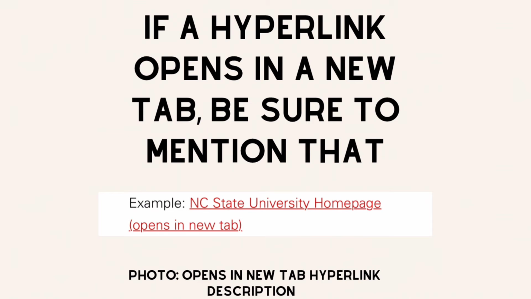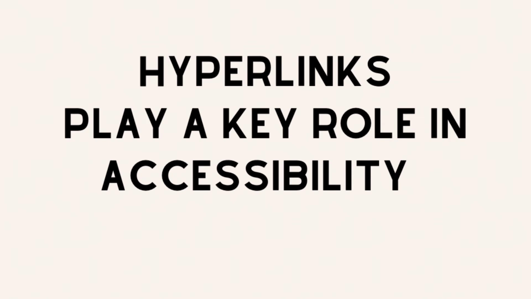So it's important to list: is this a PDF? Is this something that is going to be a downloadable file? All of that you can include in the description, and it's really simple and easy to justify the difference, and that way people are fully aware of what it is that they're about to open up or access.